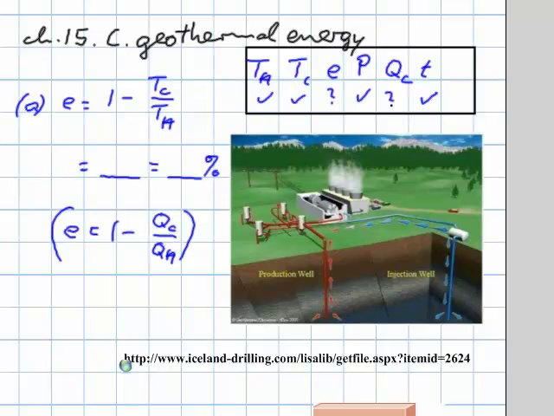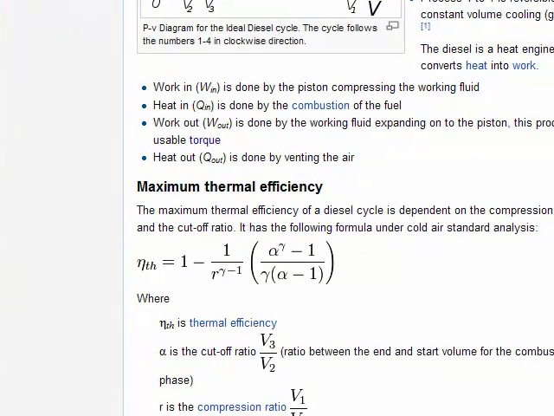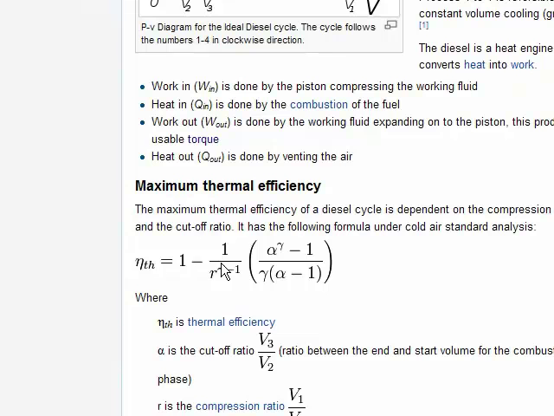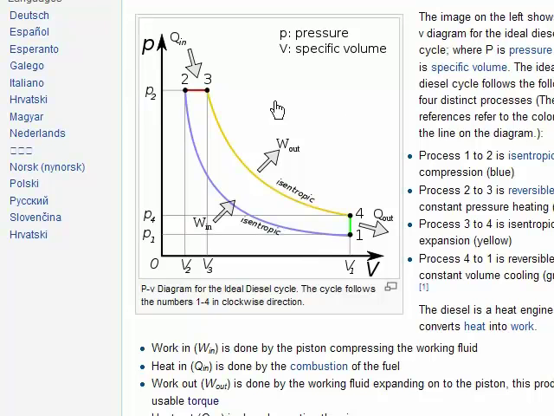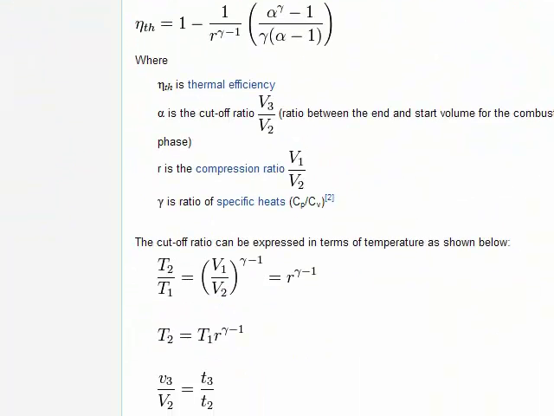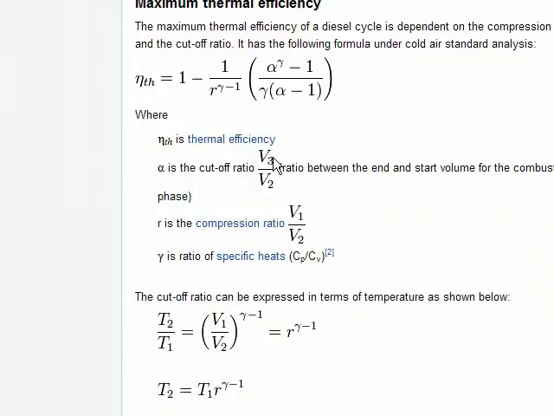For example, for the diesel engine, this is the formula. This one right here looks pretty bad. In fact, the alpha here is what is called the cutoff ratio, a ratio of two volumes. You go through the PV diagram and you have 1, 2, 3, 4 points, and each one of them is a certain volume. And so here you have a certain ratio of the volumes, and then the R is the compression ratio, V1 over V2.